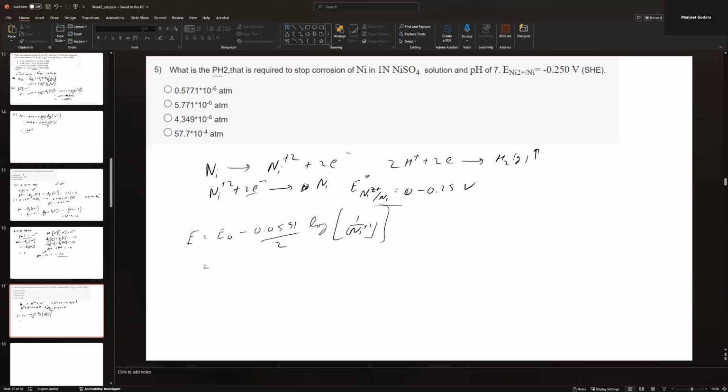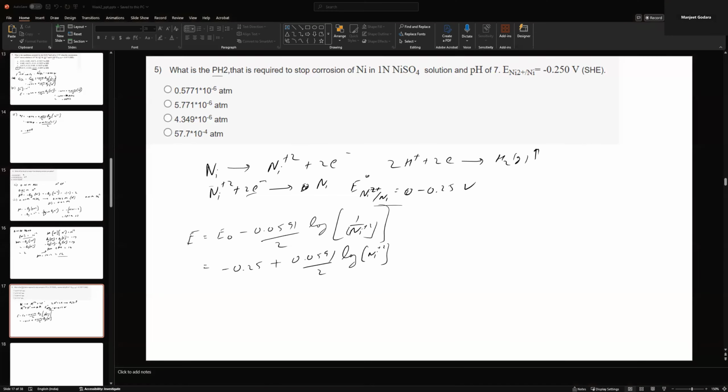This is minus 0.25. I'll take the minus out: 0.0591 divided by 2 log of nickel ion concentration.